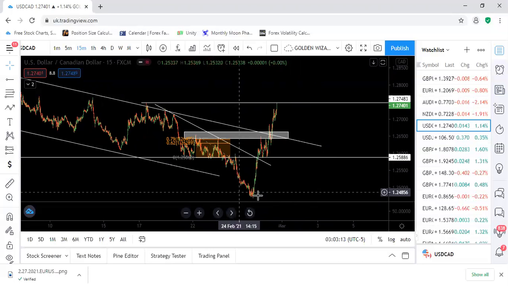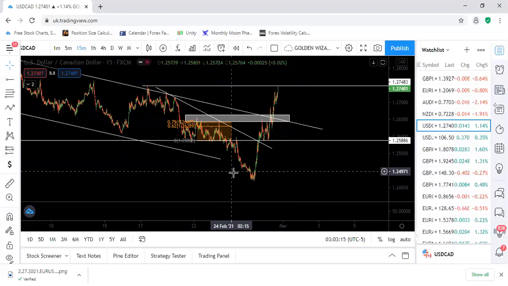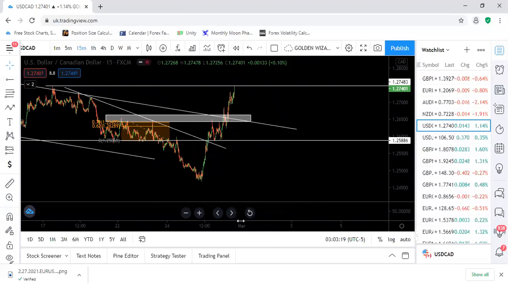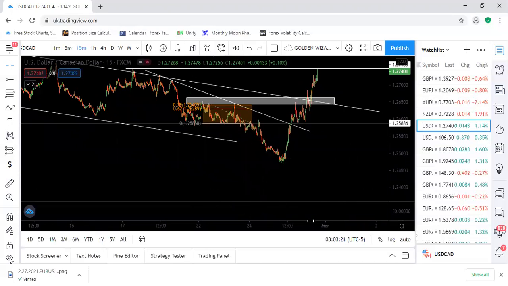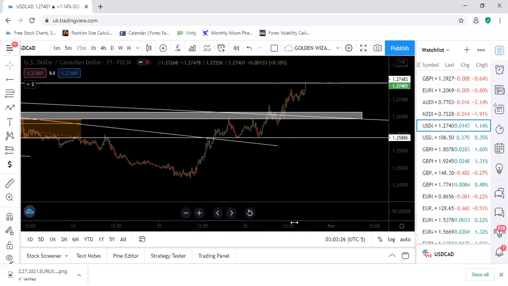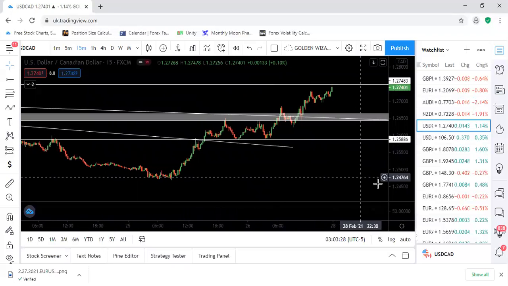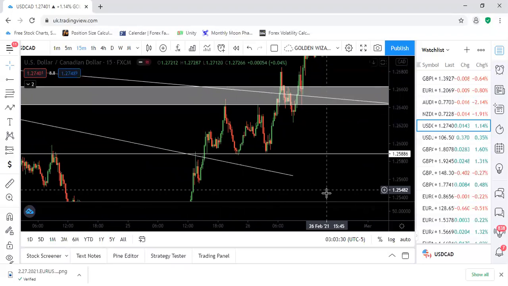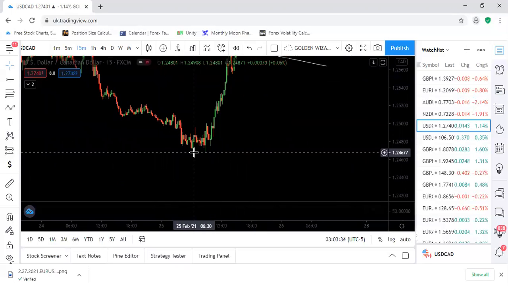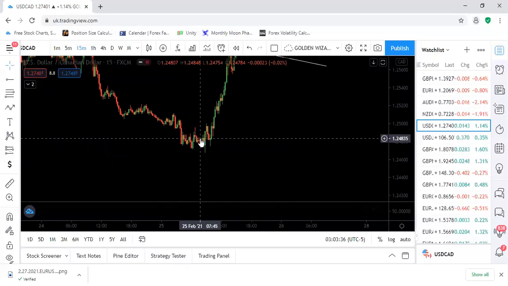And then what we see is they came in, created the low. There's a nice reversal. Again, for me, this isn't a setup that I want to trade. With the reversal, the only way I could get in this with my rules is, let's take a look. So this again is this order flow. Here's the low. Where is the order block that creates the low?